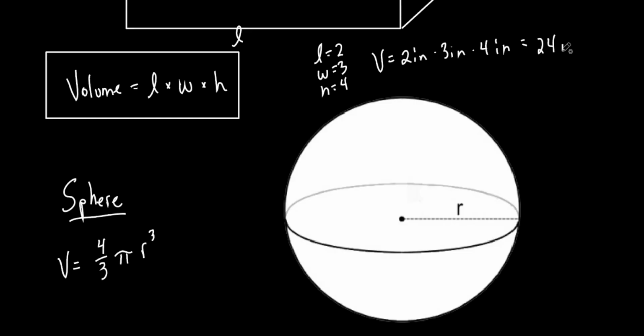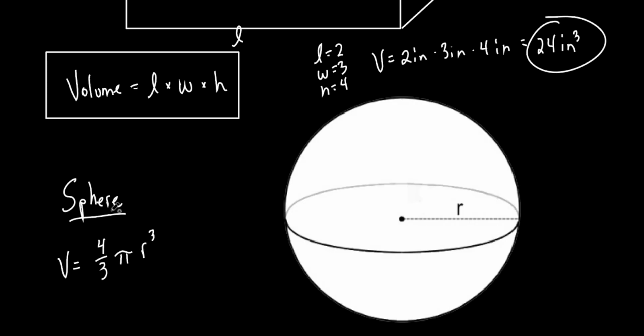What are my inches? Is it inches squared this time? There's 3 of them. So inches times inches times inches is inches cubed. So that tells you how many cubes you can fit inside of it. You can fit 24 cubes inside of that box if those are my dimensions. You with me? So this is also going to be cubed. That's one way it's easy to remember, at least, that you have a cubed in here.